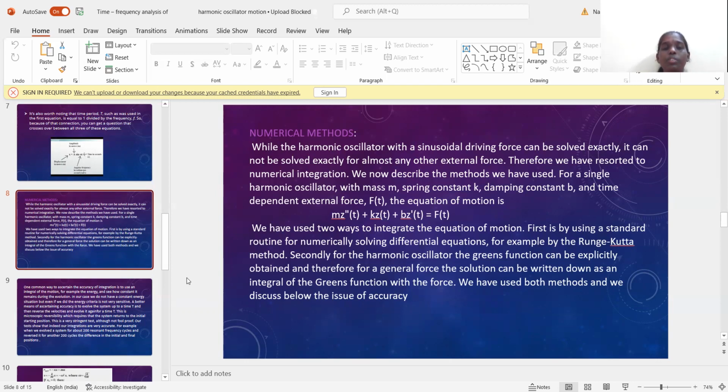We have used two ways to integrate the equation of motion. First is by using a standard routine for numerically solving differential equations, for example, the Runge-Kutta method.